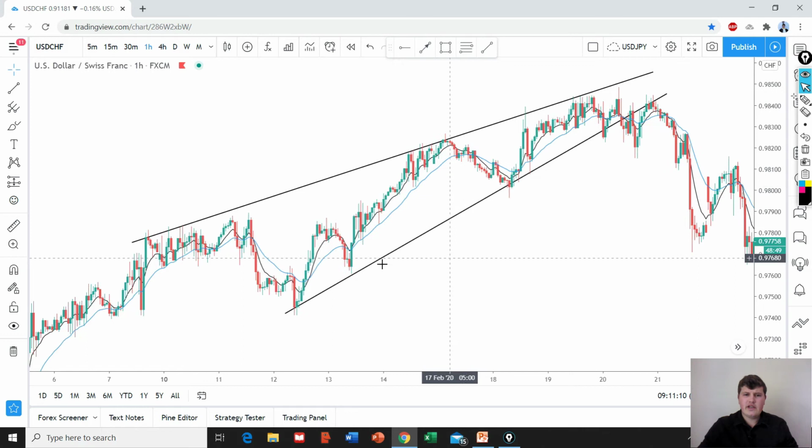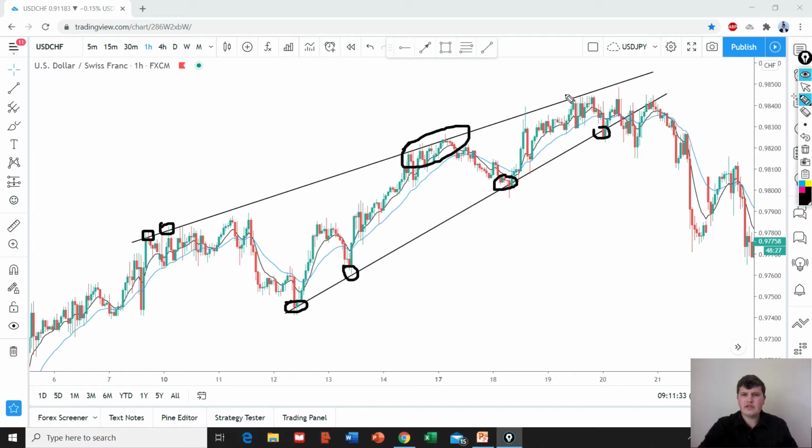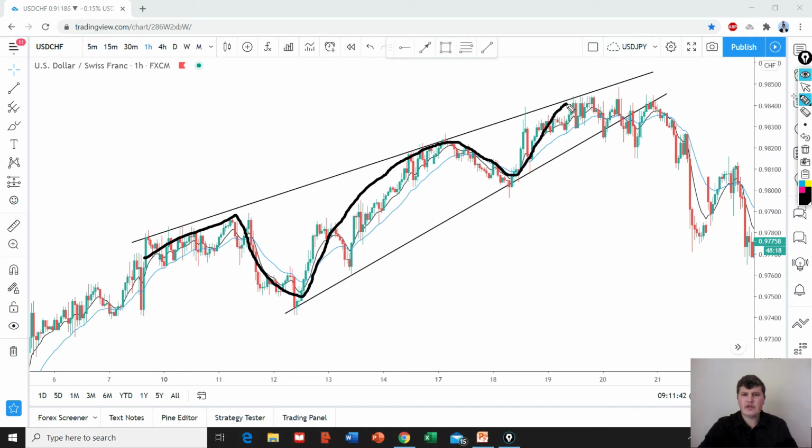And how you go about drawing this chart pattern is you connect a trend line from the first valley, and you connect as many of the valleys as possible, like we did when we discussed trend lines. And the upper trend line, you connect as many of the peaks as possible, like we also discussed in the trend lines. And as you can see, price is just consolidating between both of these upward trend lines.